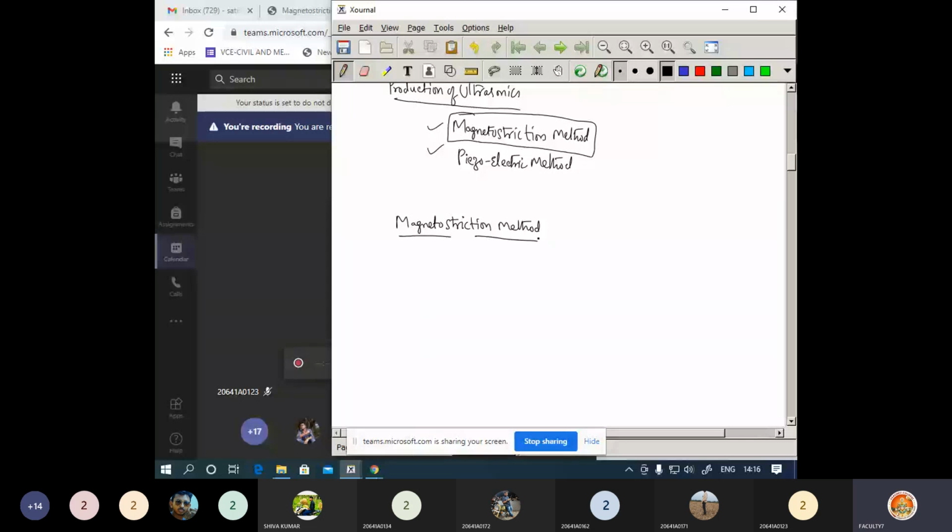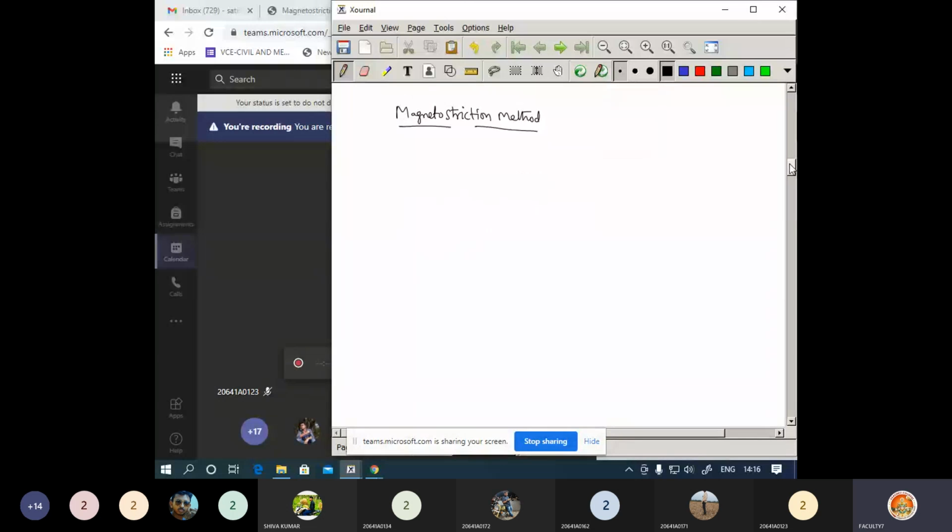Now here, first you identify what is the concept going on. What you will do is take a particular material. This material is either a ferromagnetic material or a ferrimagnetic material.